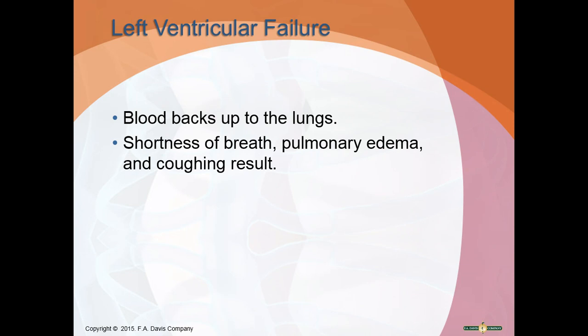Prolonged high blood pressure or incompetent heart valves makes the heart work harder and weakens the ventricles, and those have to contract the most forcefully. If the left ventricle fails, it falls behind in ejecting all the blood it receives from the lungs. Blood then backs up to the lungs, resulting in shortness of breath, pulmonary edema, and coughing.